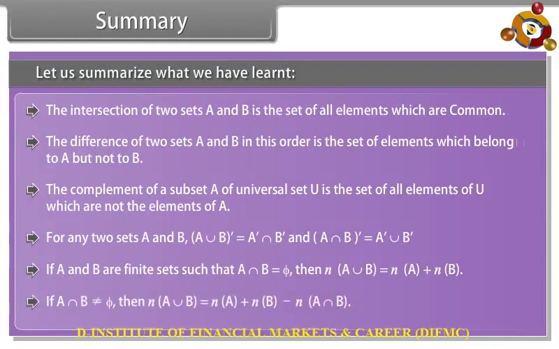If A intersection B is not equal to phi, then n(A union B) is equal to n(A) plus n(B) minus n(A intersection B).